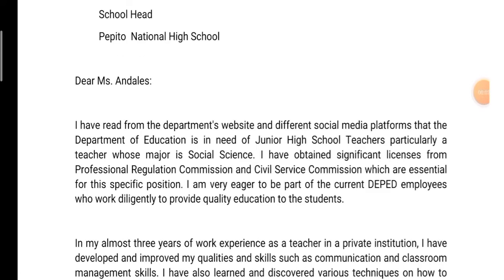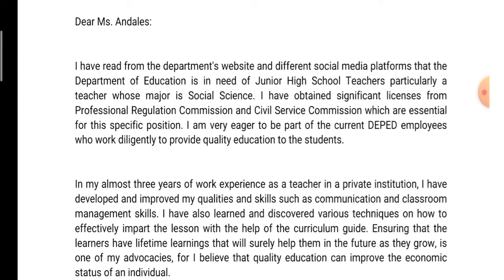In the first paragraph, you're going to state here how you learned that the company or the department is hiring, and you're going to show your intention to be part of the department. You're going to show here your intention to work for the company. So, for example, I have read from the department's website and different social media platforms that the Department of Education is in need of junior high school teachers, particularly a teacher whose major is social science.